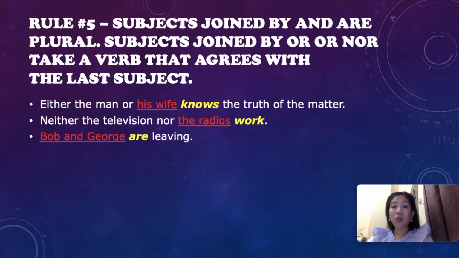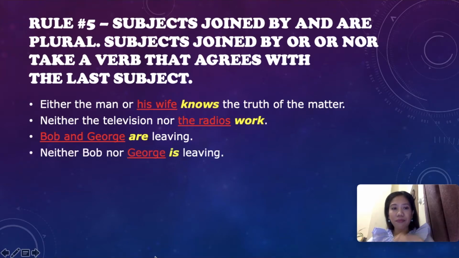Okay, it's easy. With an "and", we know it's plural all the time if subjects are joined by "and". Bob and George are leaving. But if we would say "Neither Bob nor George is leaving", we consider George only as the subject because we consider the last subject if it is joined by "or" or "nor".